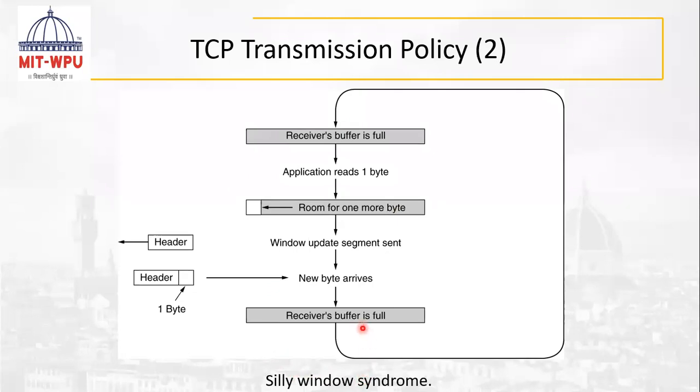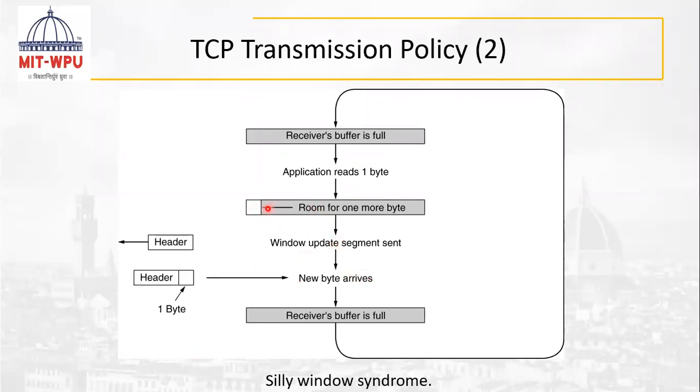So the solution to silly window syndrome is to read the complete buffer at a time as far as possible, so that the window size which is available is the maximum of the buffer. It should not happen that the application reads 1 byte and then the sender sends 1 byte. This will increase the overhead on the sender and receiver.